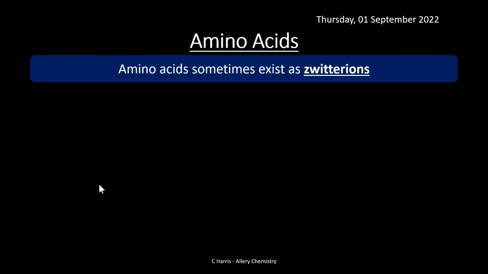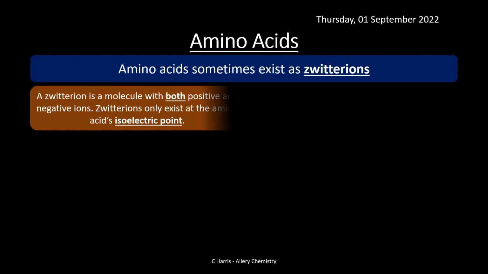Okay, so amino acids sometimes exist as zwitterions, and anybody who studies German will probably know what this means. A zwitterion is basically a molecule that has both a positive and negative ion. Zwitter meaning double, I believe. So zwitterions have a double ion, and they only exist at the amino acid's isoelectric point.